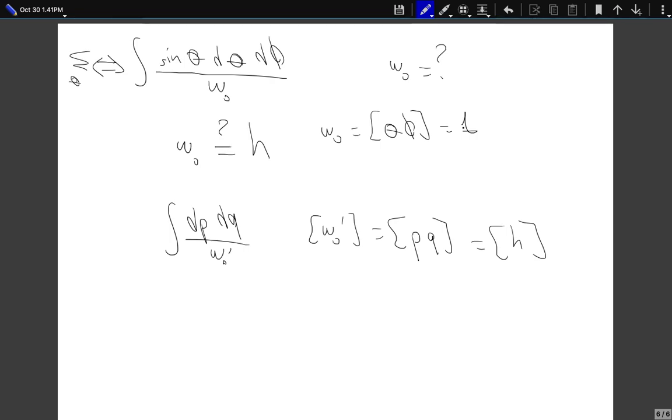It should be just a dimensionless constant. dp dq over omega 0 should be dimensionless if it is counting the number of states. So if you put h over here, you should put something else with a dimension, which should cancel that dimension. But just looking at the properties of the phase space itself, I don't see any other dimensionful quantity. At most, I expect it to contain some factors of pi. At most.